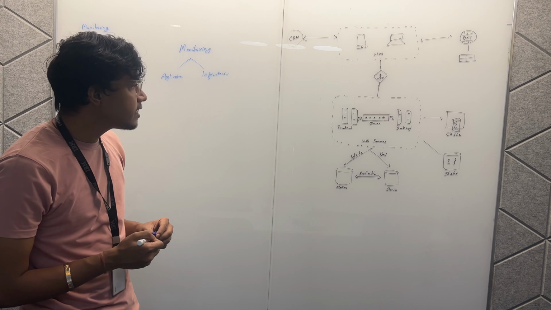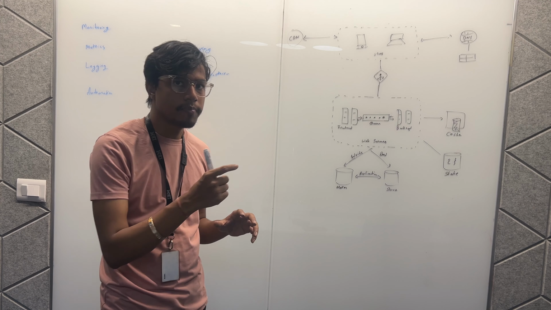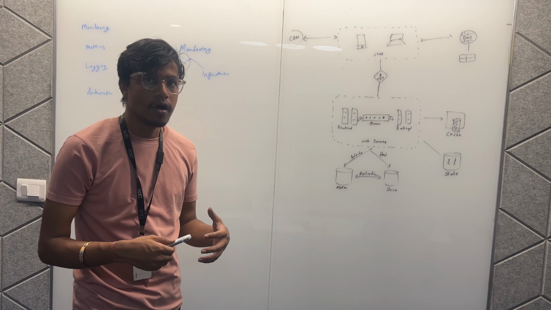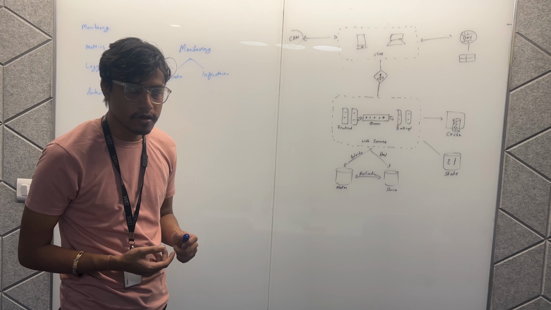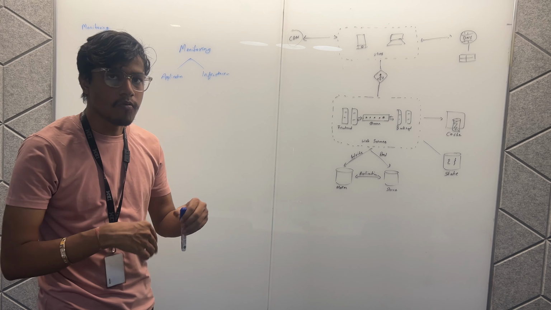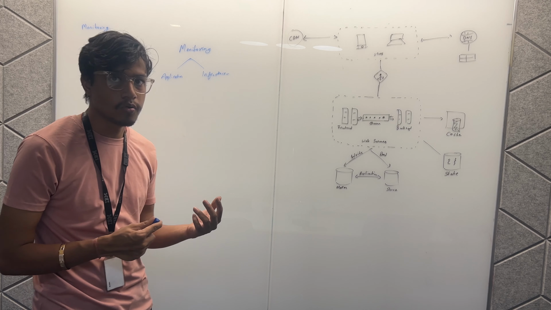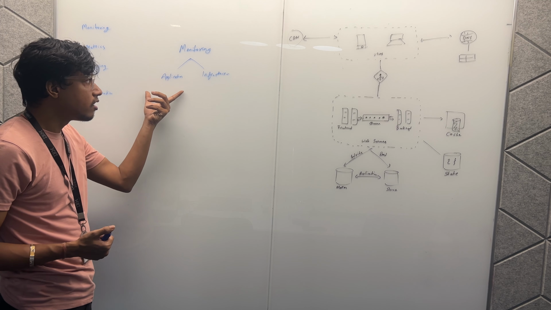So whatever application you have deployed, you embed particular components within the application so that we can get the metrics of how the application is performing, what number of requests we are getting, and how much time it is taking for an application to respond to a query or to a service. All of that data we get in application monitoring.